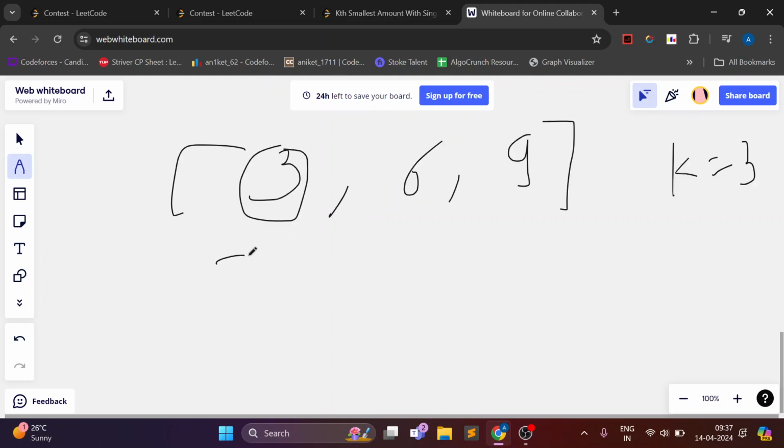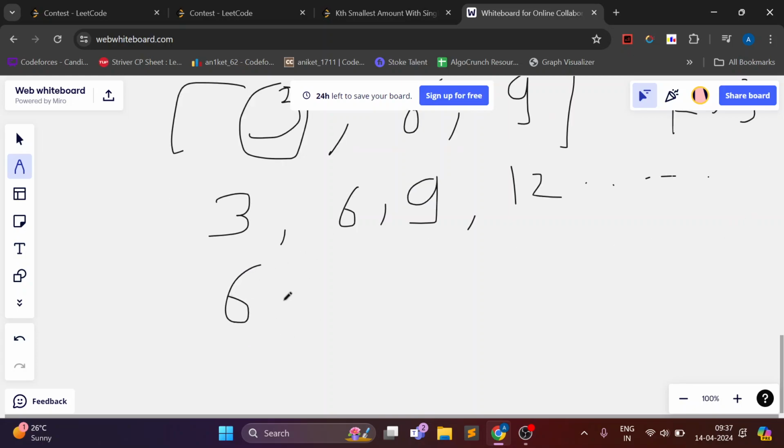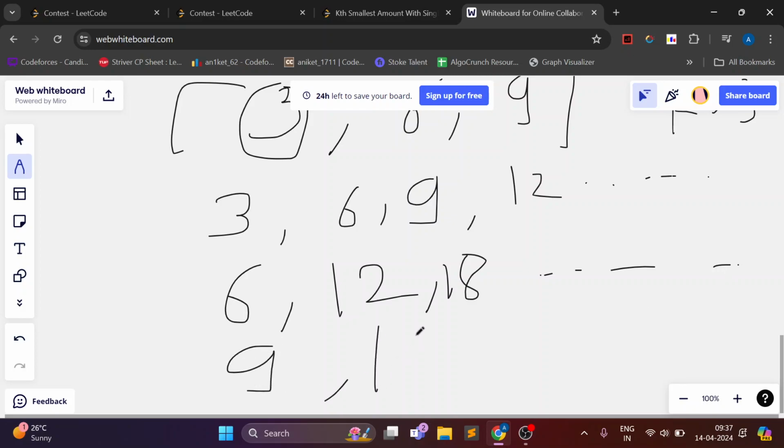So from 3 what I can get is 3, 6, 9, 12, and this will continue up to infinity. From 6 I can get 6, 12, 18, and this will continue up to infinity. And from 9 I will get 9, 18, 27, and this will continue up to infinity.